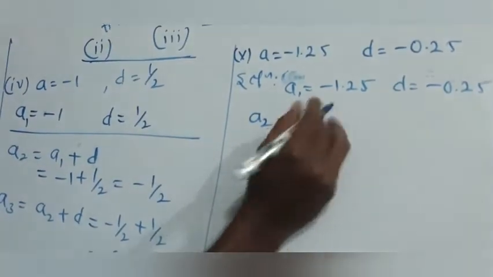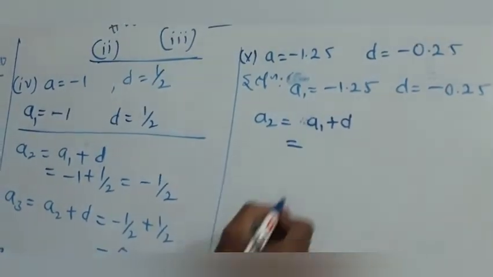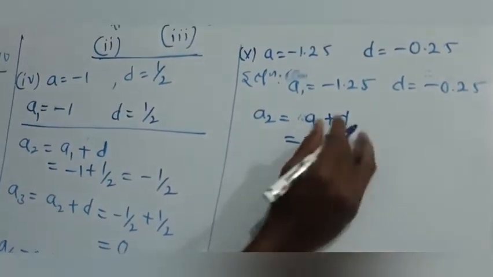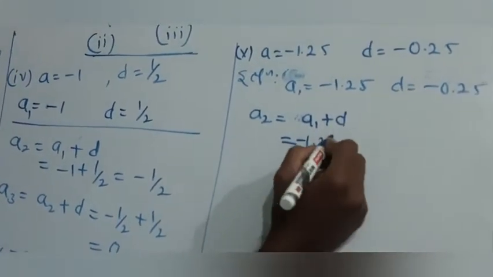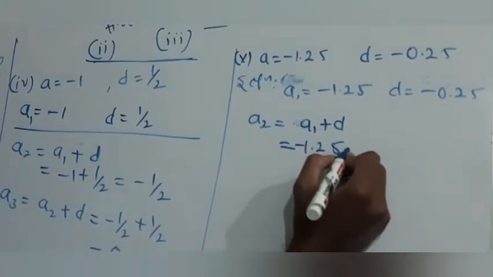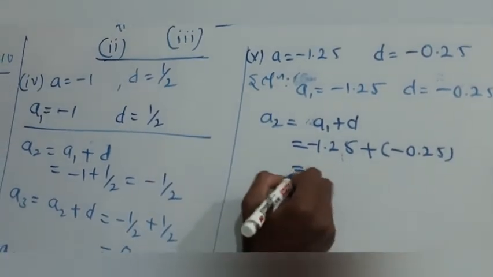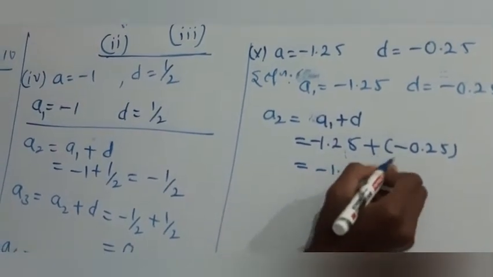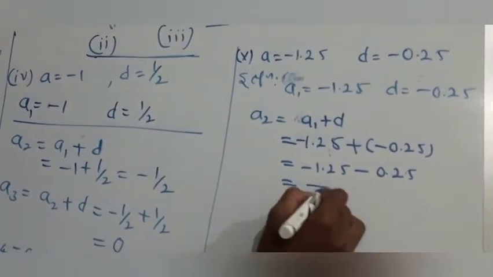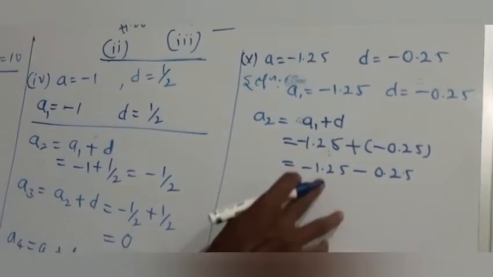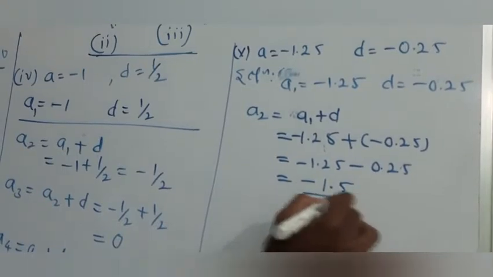A1 plus D. What is A1 here? -1.25 plus of -0.25. -1.25 plus into -0.25 is, keep the same minus and add them, which gives us -1.5.